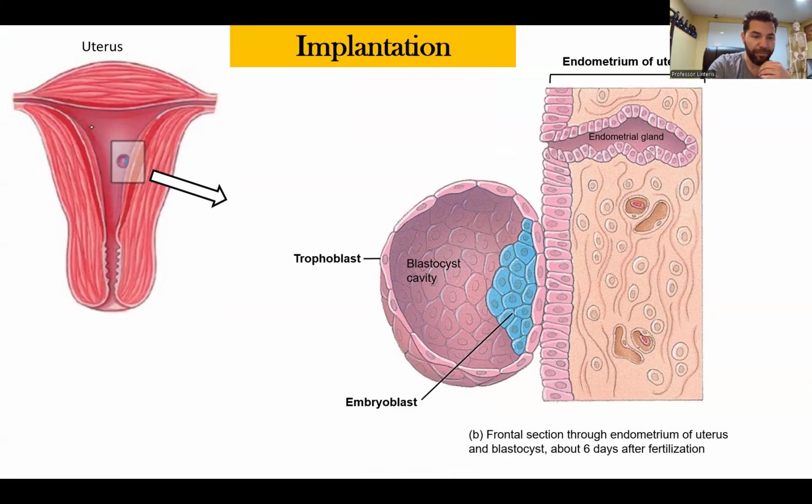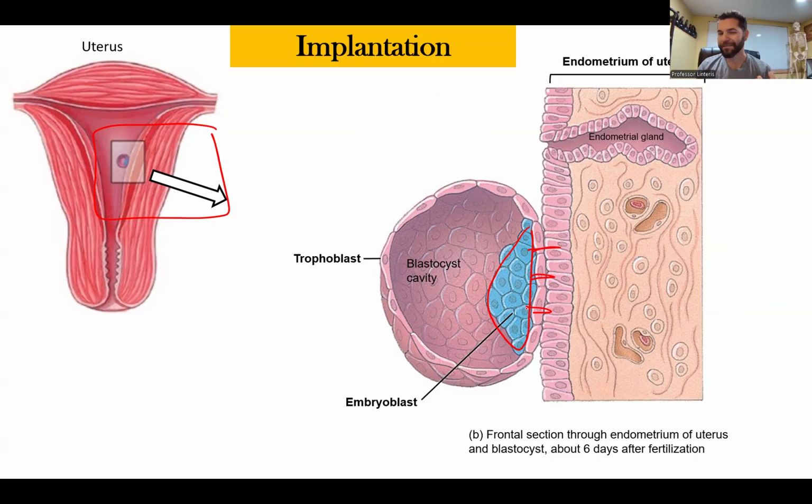This shows you a picture of the adherence of that blastocyst. You can see that this embryoblast, kind of this face, attaches to that endometrial wall, right? We can still see the trophoblast, but you notice that protective layer is gone, and that embryoblast is going to start doing some things, right?